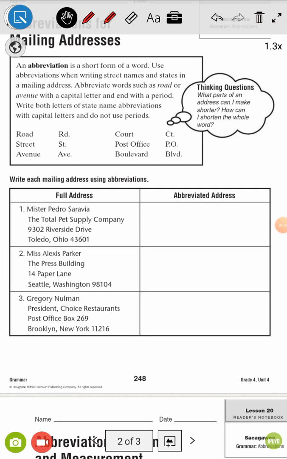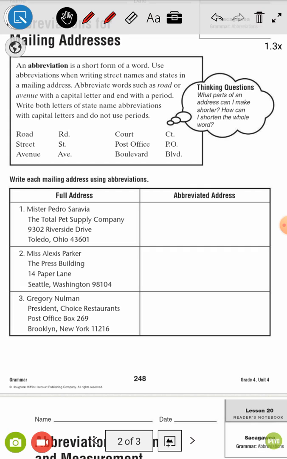Okay, so we have an exercise to do here. Write each mailing address using abbreviations. We have the full address in the box to the left, and we have the blank box to the right.